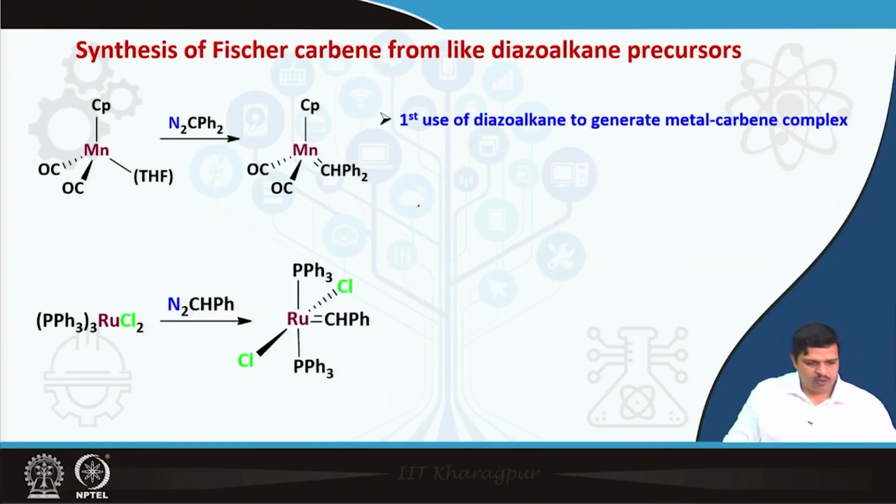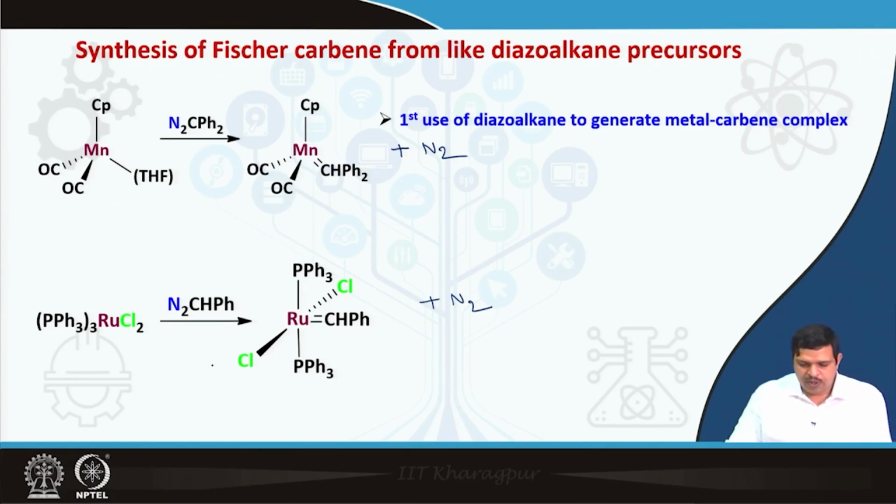Another strategy for the Fischer carbene complexes is very popular and a very clean reaction, that is with a diazoalkane compound. The driving force is the formation of nitrogen. A variety of precursors you can take, very simple precursors and a very clean, very easy reaction.